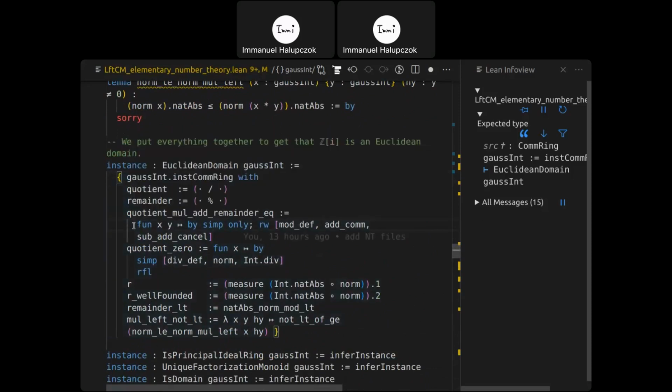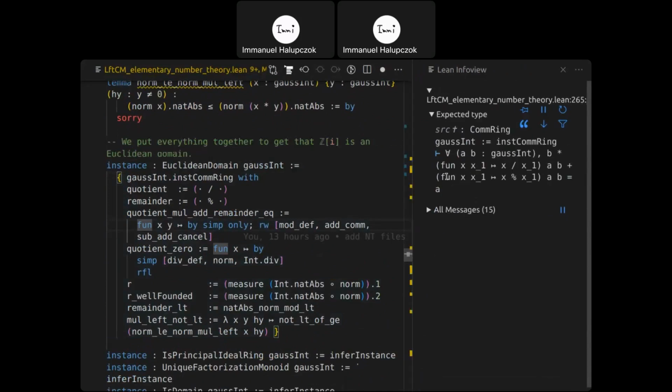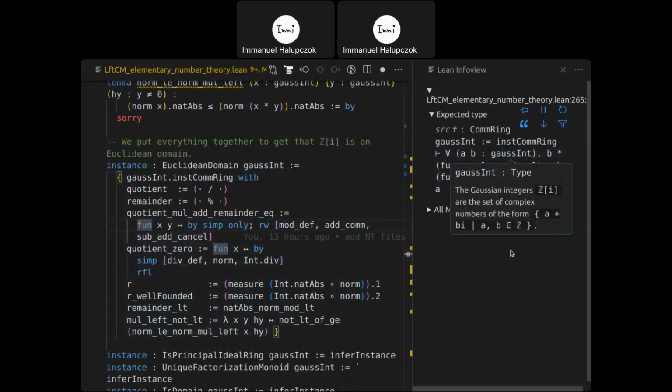So the interesting properties here are first this one. For every pair of Gaussian integers, b times a over b plus the remainder is equal to a. Right, so this is the first thing that we want to be true.